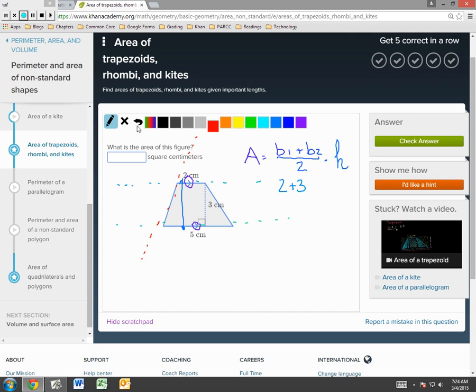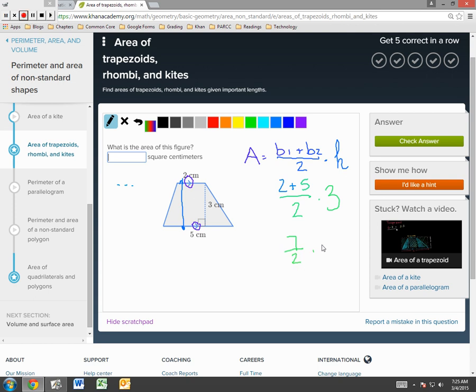Taking a look at my work, I have base 1 plus base 2, which in this case we identified as 2 and 5 being the bases. 2 and 5, not 2 and 3. It is 2 and 5. Then we divide that by 2 and times it by the height of the trapezoid, which in this case is 3. We have 2 plus 5, which is 7.